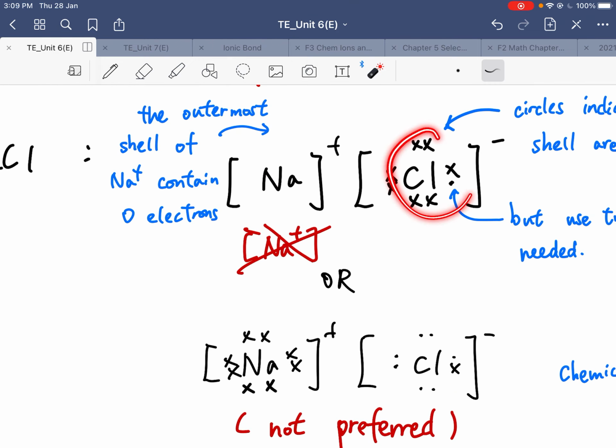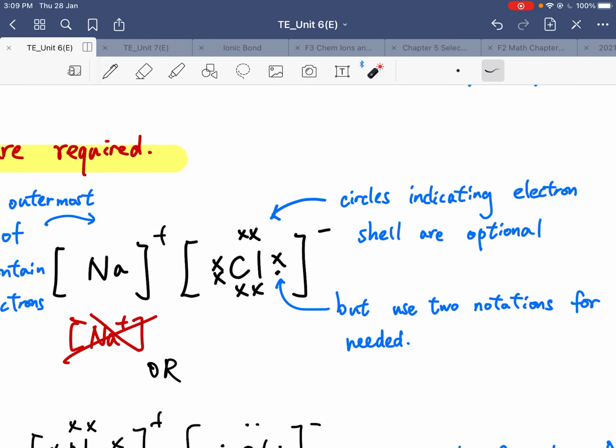For the anion, remember to indicate there are 2 different types: the cross represents the electrons originally in the chlorine atom, and the dot represents the electron originally from sodium atom. Sodium loses 1 electron to become sodium ion, and chlorine gains 1 electron to become chloride ion. So this is sodium chloride, and this is what you need to draw in the exam. We call it an electron diagram.